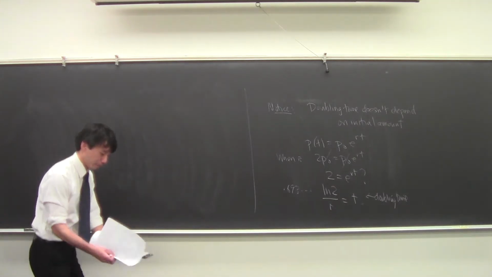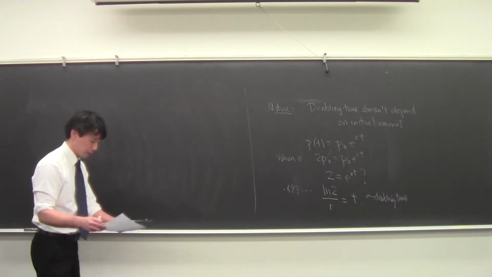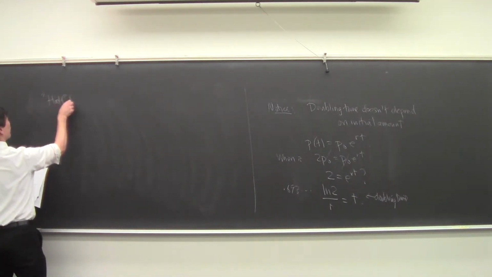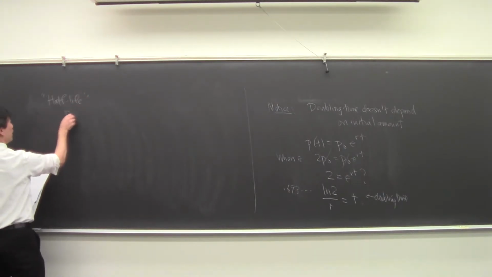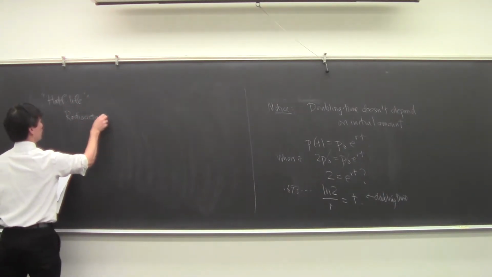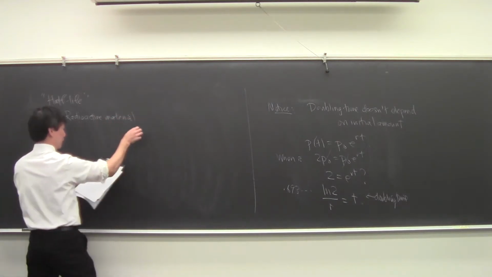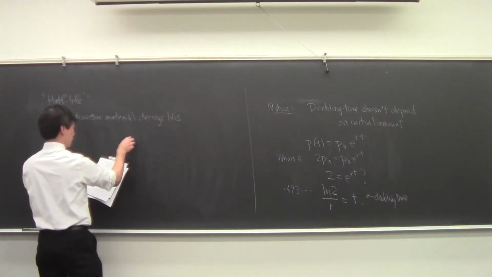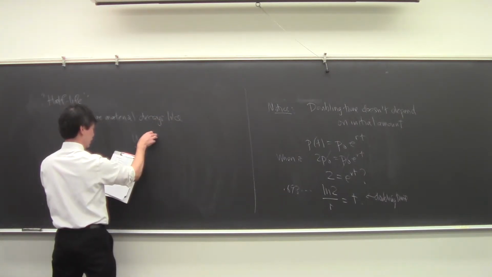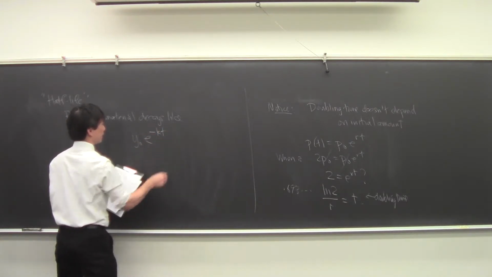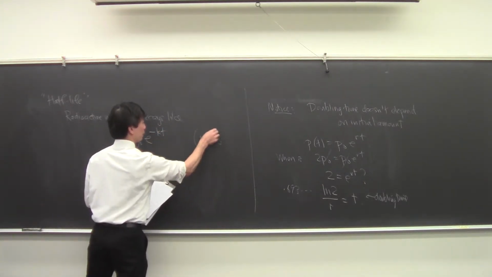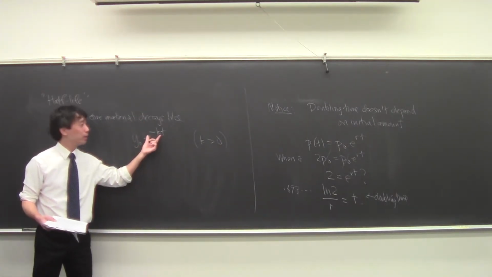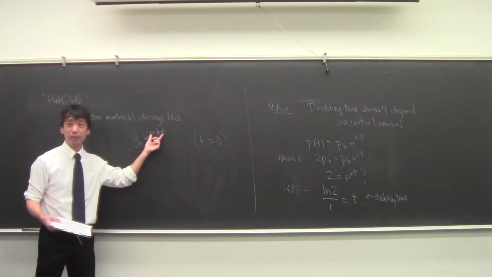So, radioactive material decays like some constant e to the negative kt, where I'm going to take k as positive and just write negative k to make it clear that there's some negative constant here.